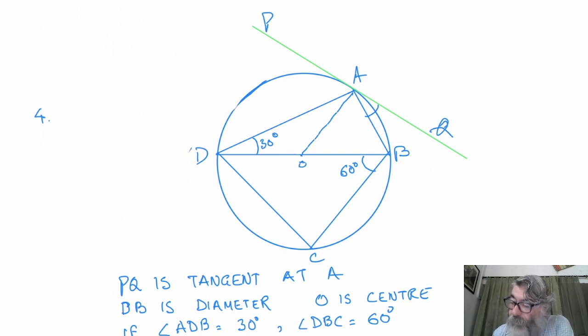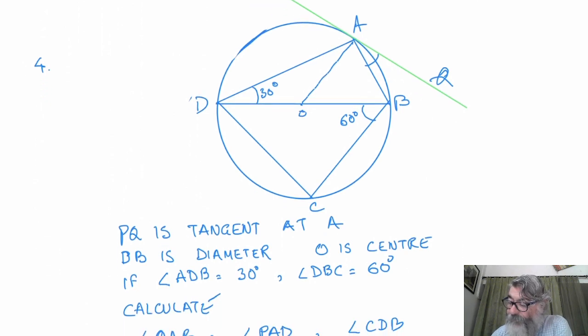For this chord, the alternate segment is the triangle ADB. ADB is how much? 30 degree. So QAB will be 30 degree also.